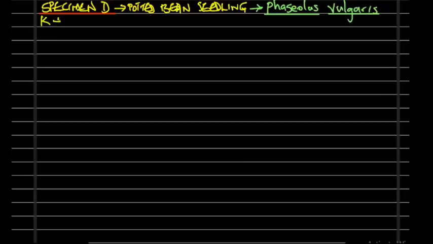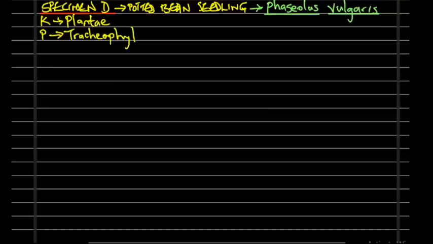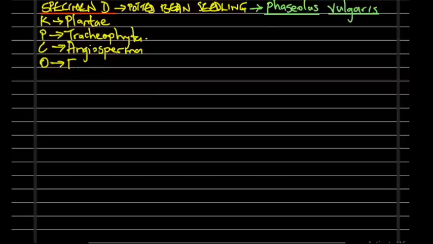Classification, we have the kingdom. It is also Plantae. We have the phylum this time around to also be the Tracheophyta. We have the class to be the Angiosperma. We have the order to be the Fabales.